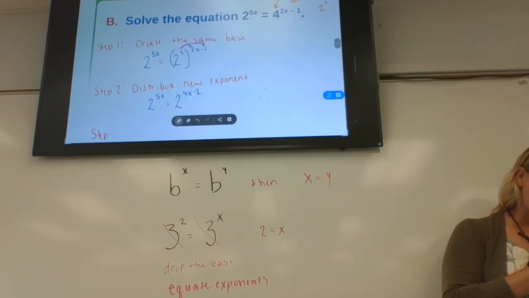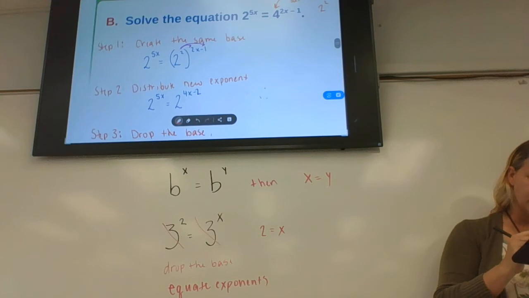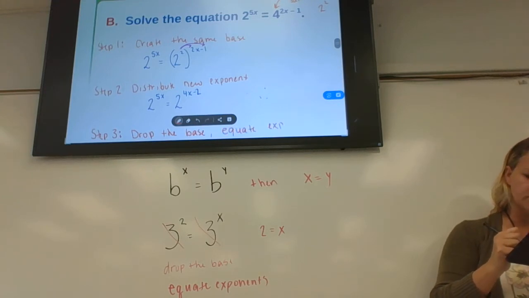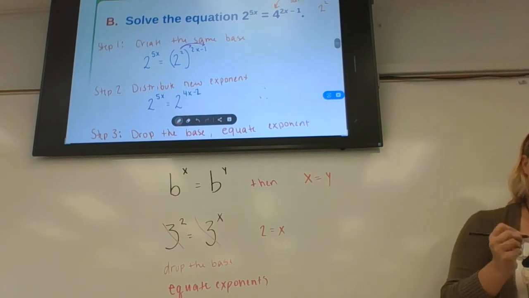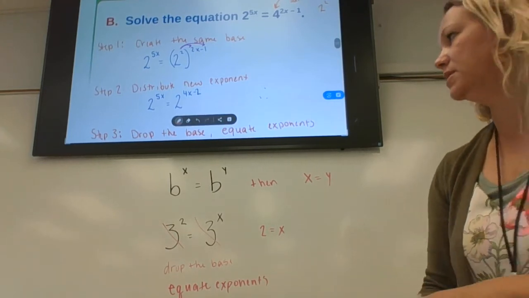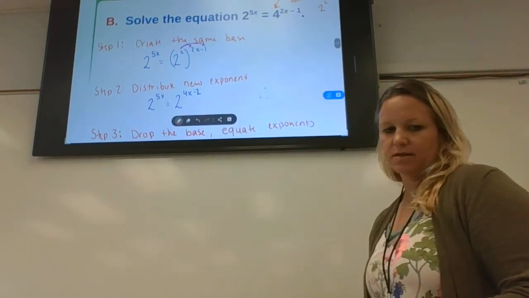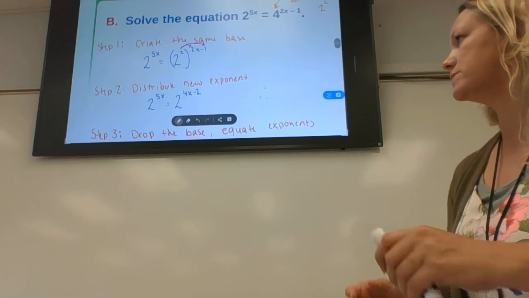Step 3, drop the base. Equate exponents. You can just drop those 2's out of the problem. For the left side to truly be equal to the right side, if the bases are the same, then the exponents must equal.